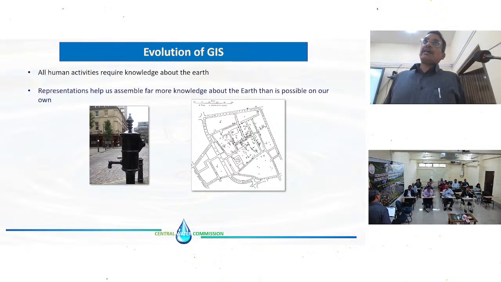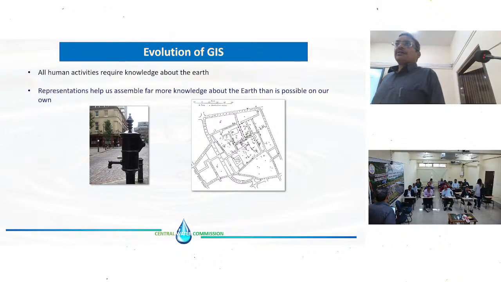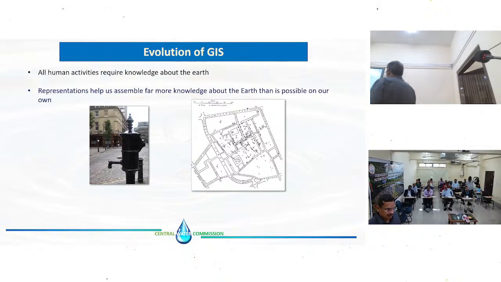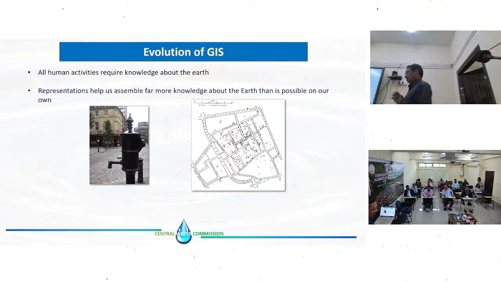When we talk of GIS, it has its origin in this example, a street map of London, some part of London, where these are the streets, and these dots are people who died due to a cholera outbreak in the 1800s, the 19th century.